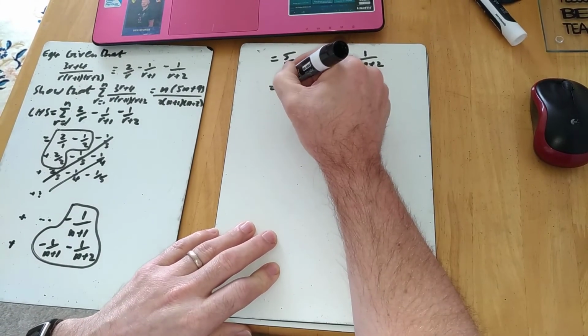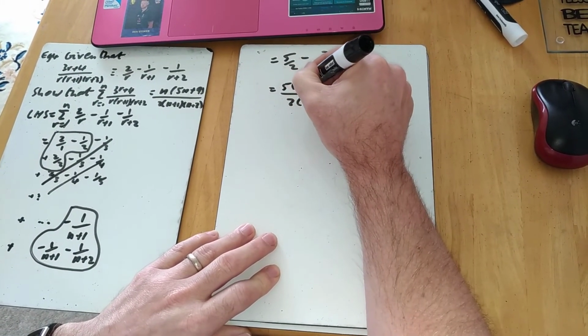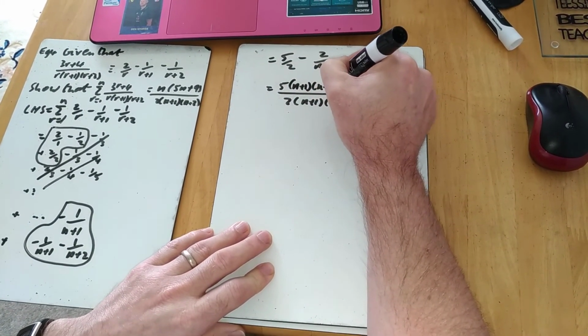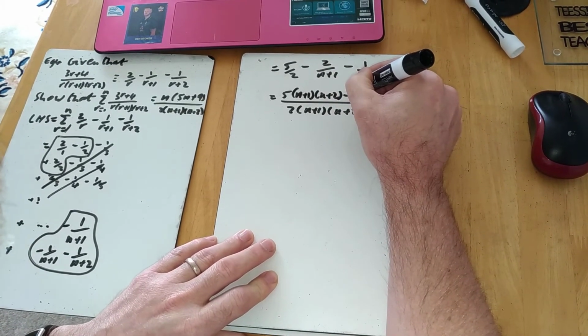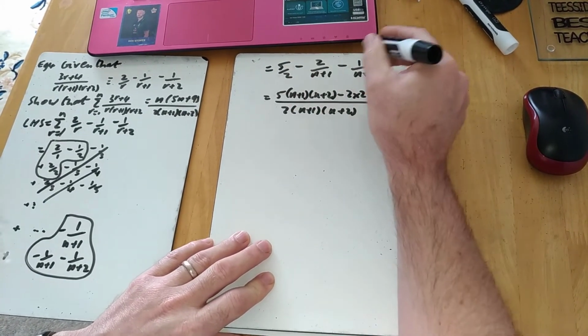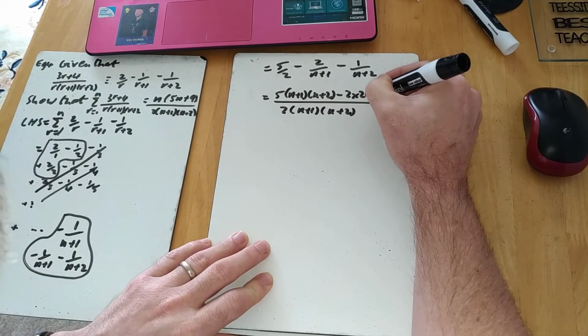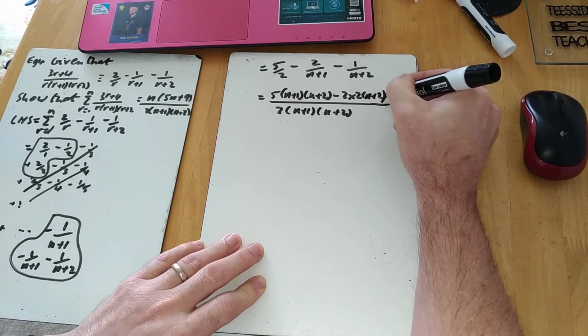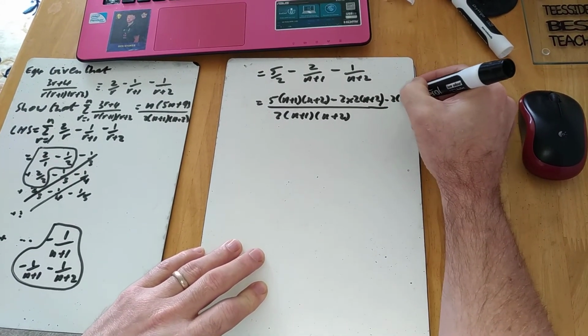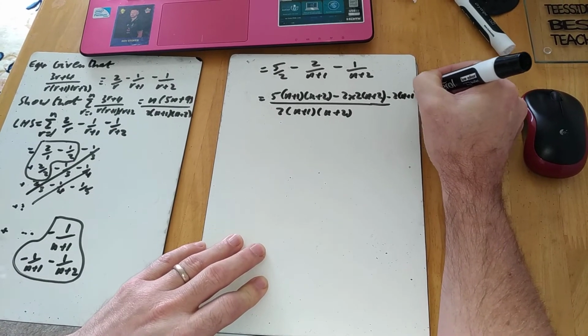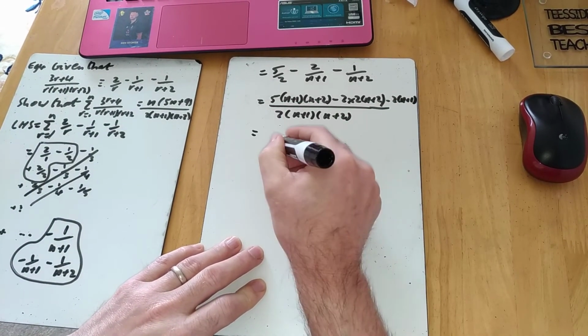I've got 5 lots of both brackets, n plus 1, n plus 2, minus 2 times 2, don't forget the 2 there, times n plus 2, and minus 2 bracket n plus 1, squishing it all in.